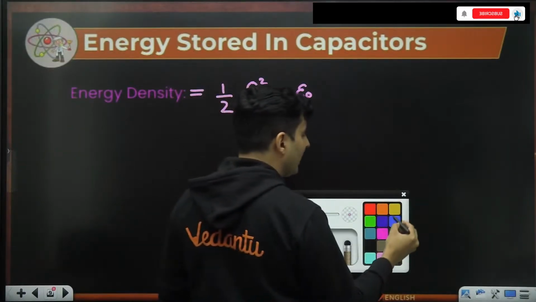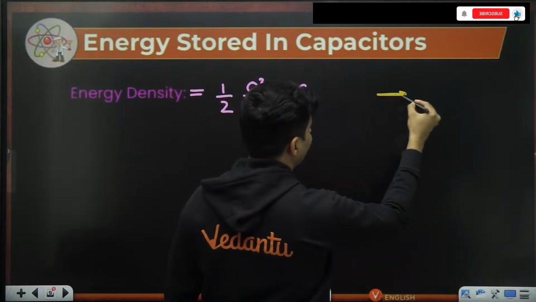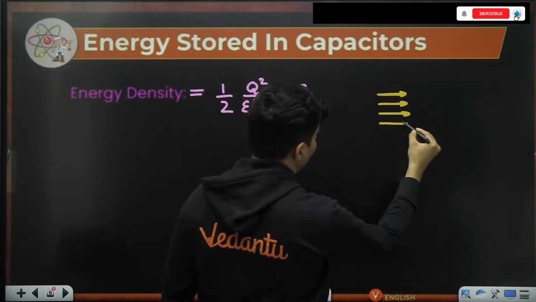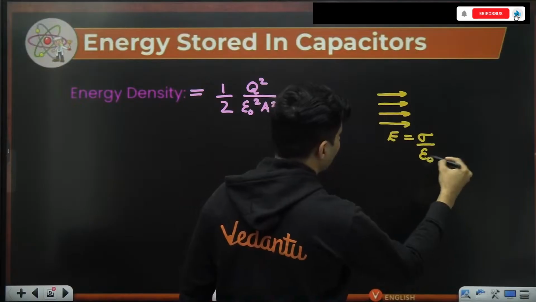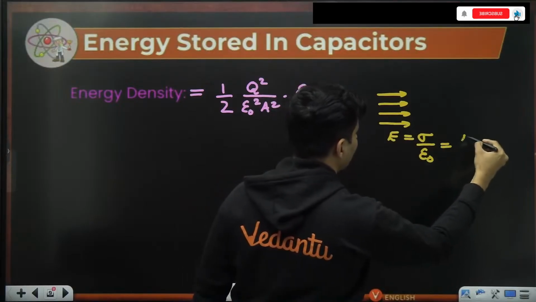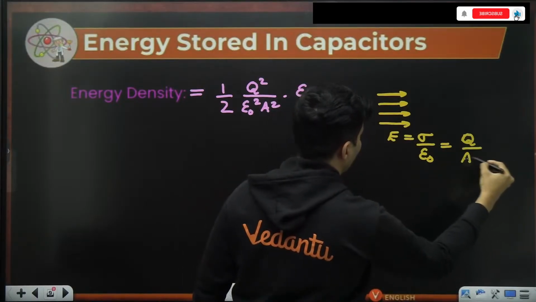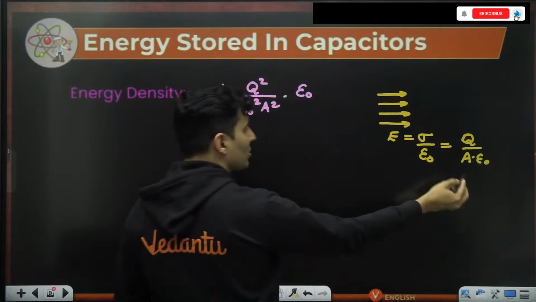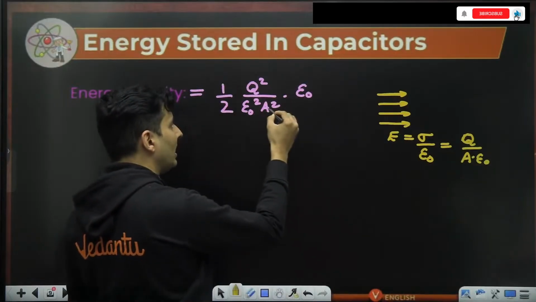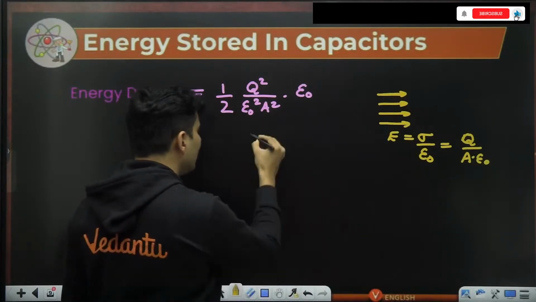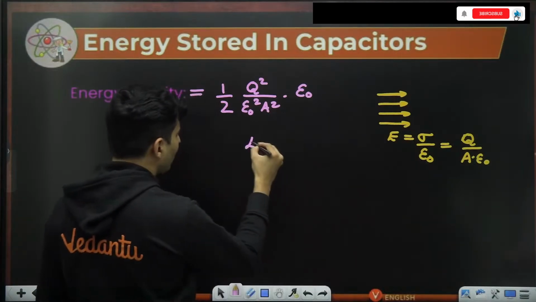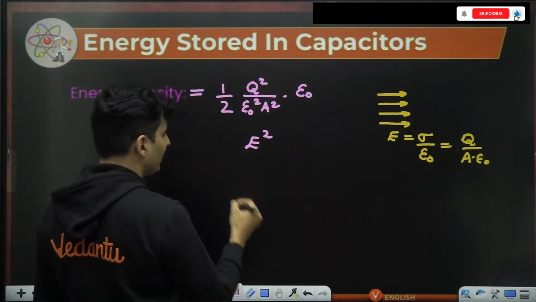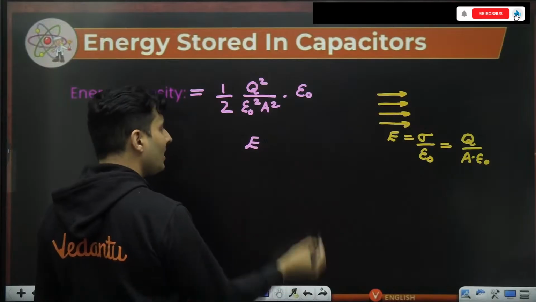Now what is this? Guys, try to recollect. Electric field between the plates of a capacitor was sigma by epsilon naught, which was charge by A and then epsilon naught. So technically speaking, this Q by epsilon naught A is the electric field. So this is nothing but electric field square. Is that right?